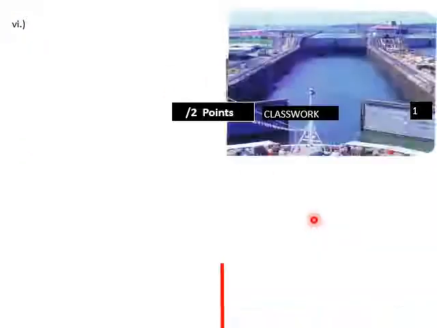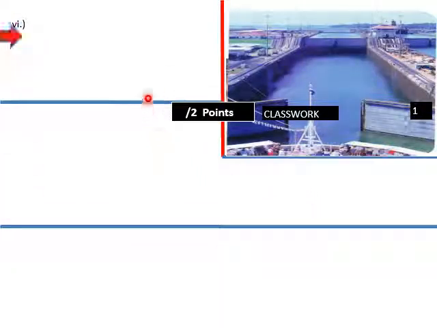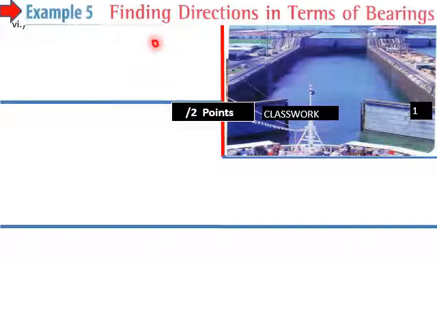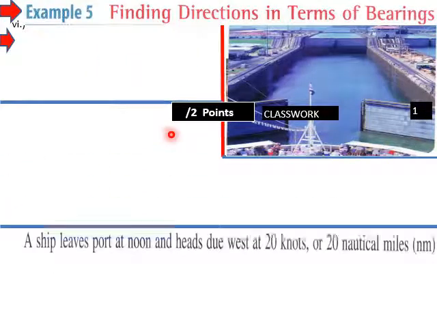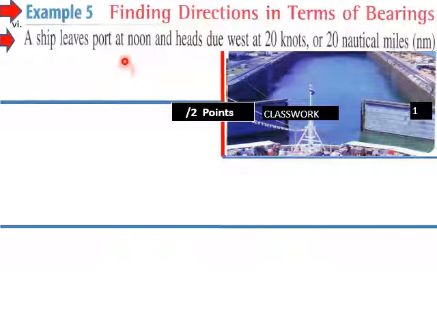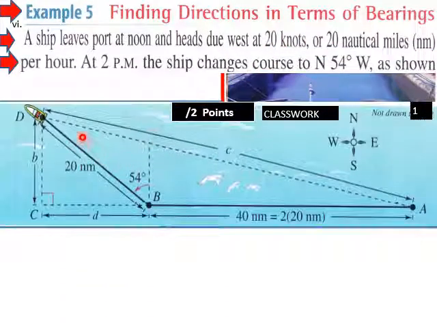Okay, moving into our next example. Example 5, finding directions in terms of bearings. A ship leaves a port at noon and heads due west at 20 knots, or 20 nautical miles per hour.